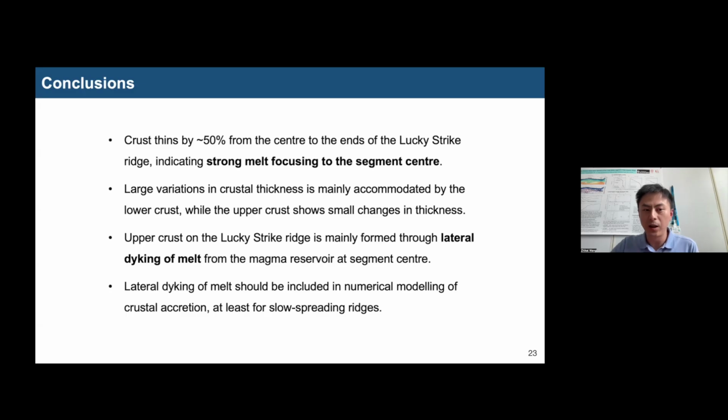And we propose the upper crust on the Lucky Strike ridge is mainly formed by lateral dyking of melt, with the melt sourced from the magma reservoir at the segment center. And we suggest this lateral dyking of melt should be included in numerical modeling of crustal accretion and other interpretations, at least for slow spreading ridges.